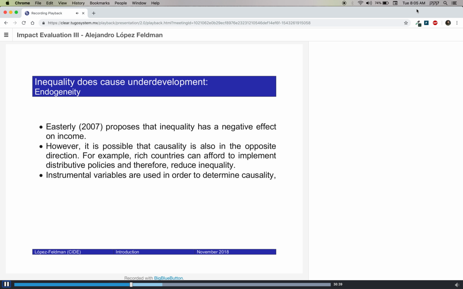The first reaction is to say no, this is not going to work, this is nonsense. But before we do this, we need to be able to measure, or to analyze, an instrumental variable. That's why we're doing this.